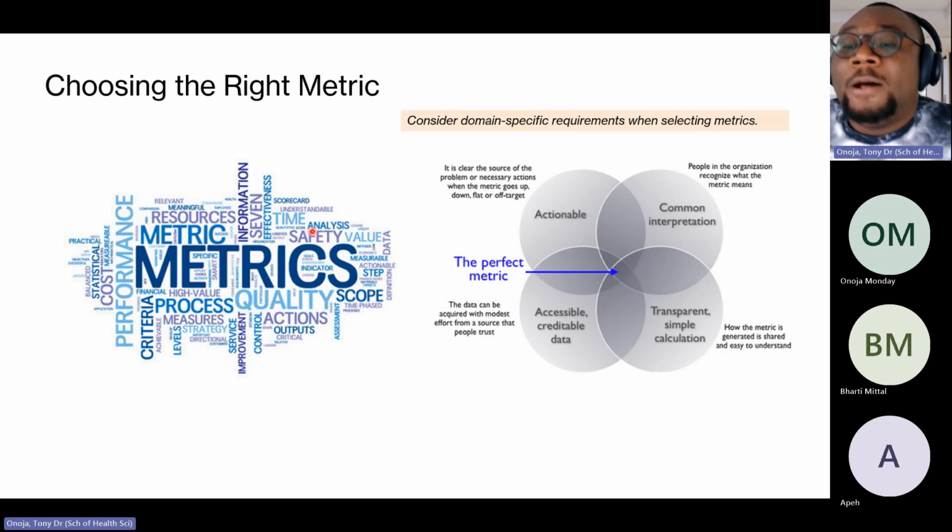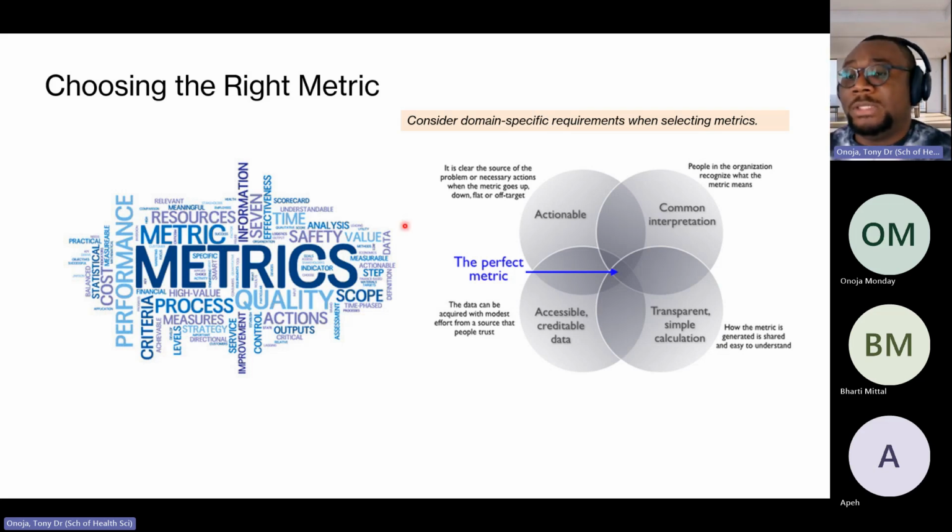But one of the easy ways to make this more clear is to look at approaches that are actionable, and look at metrics that you could easily interpret, or that have a common interpretation, and then accessible, credible data, transparent, simple calculation. Especially, issues around transparency are very, very important.